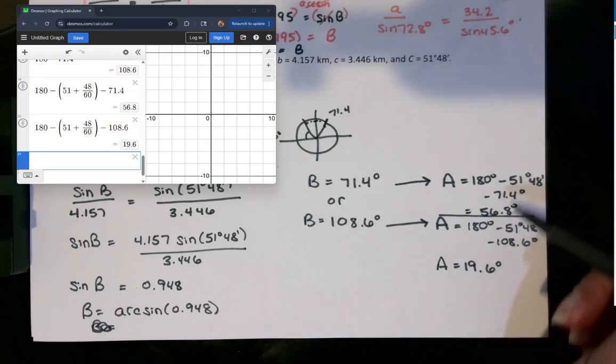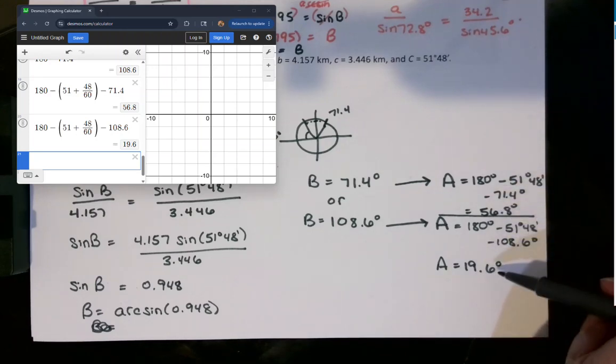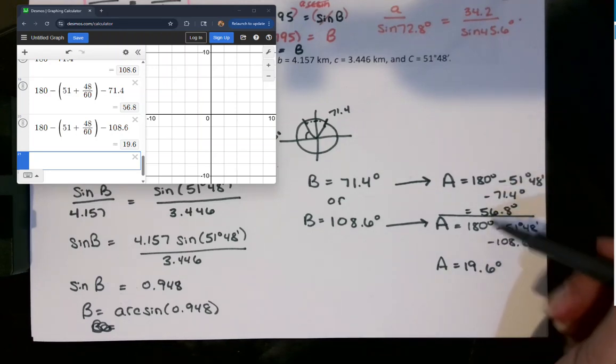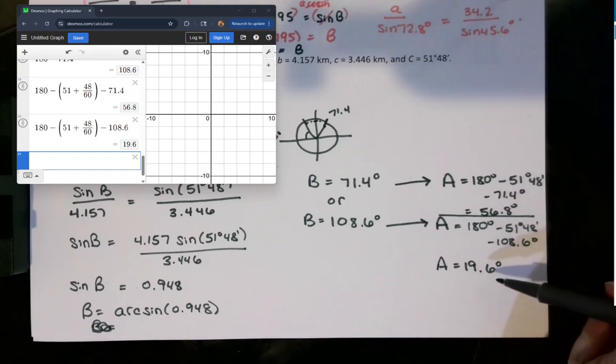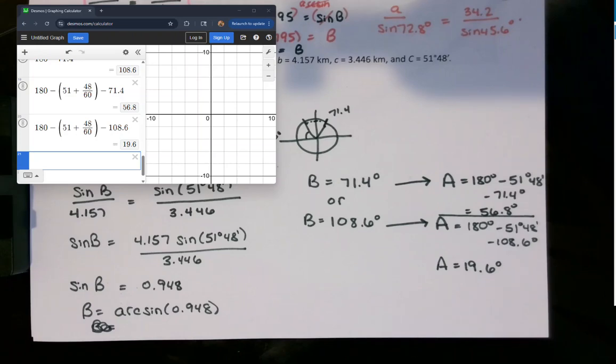Both of these came out as positive, so I have no obvious issue with the size of angle A. So we're working with, again, those two possibilities for solutions. And in order to find out if they're both still valid, we're going to have to solve for side little a.